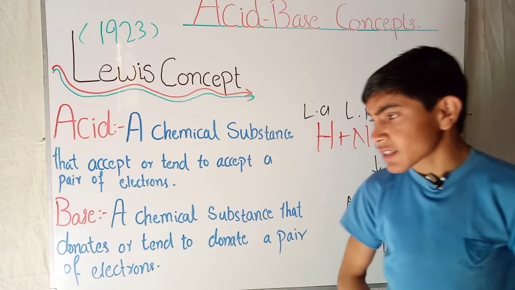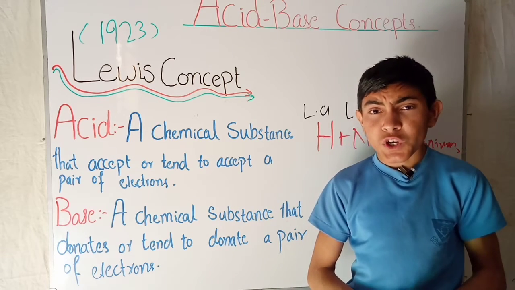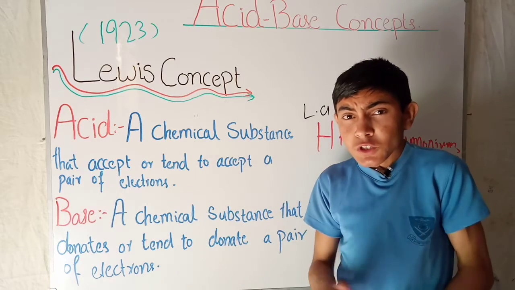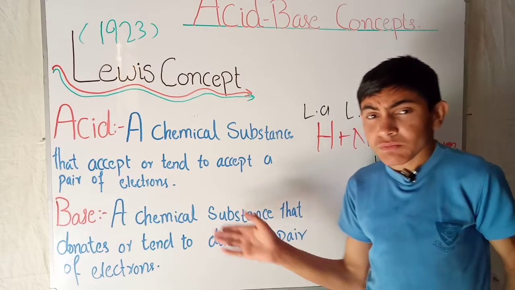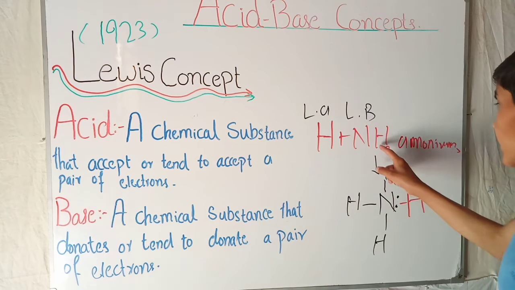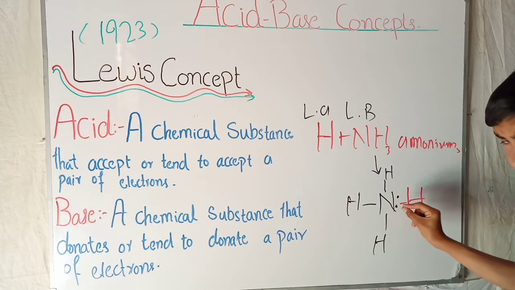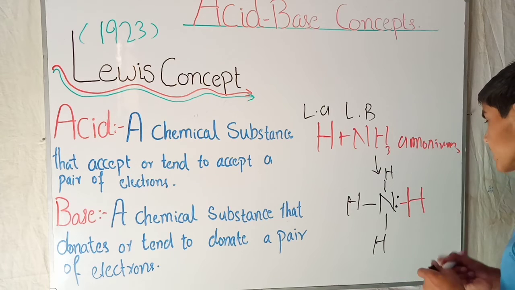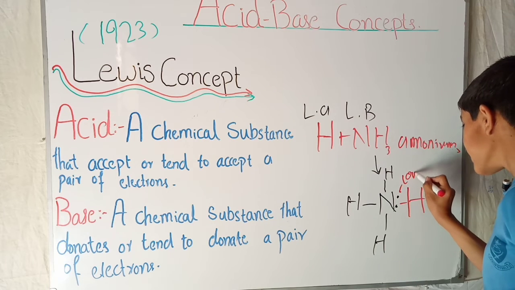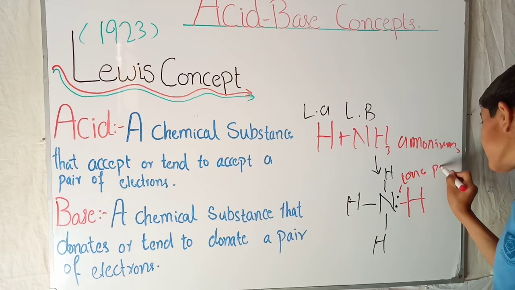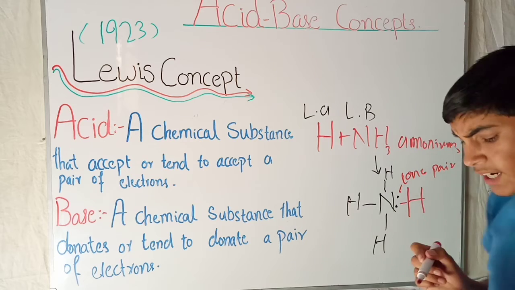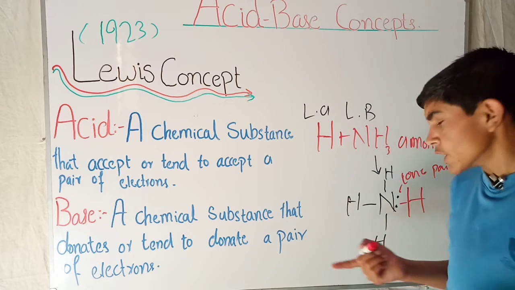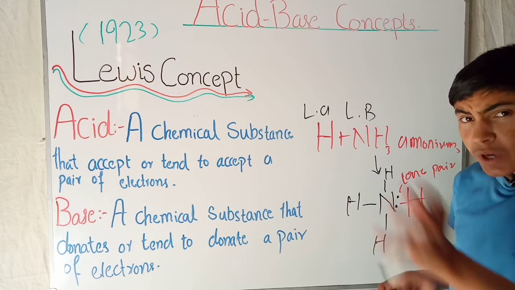And a base is a substance which has a lone pair of electrons. It means that it will give this pair of electrons to the acid, like NH3, which has a pair of electrons that are a lone pair. We call this a lone pair because they are 2 electrons, so they cannot receive electrons from another element; it will directly give them to another.